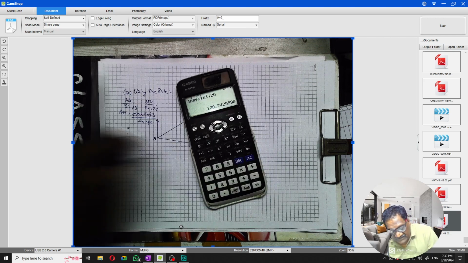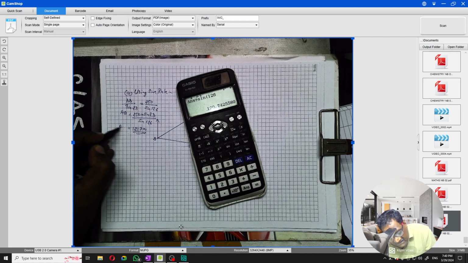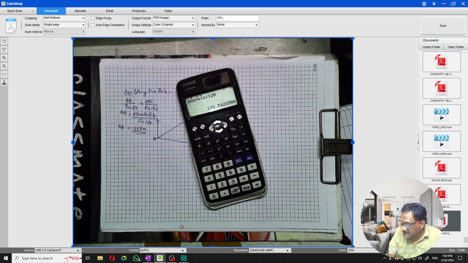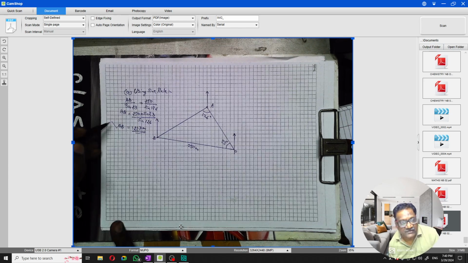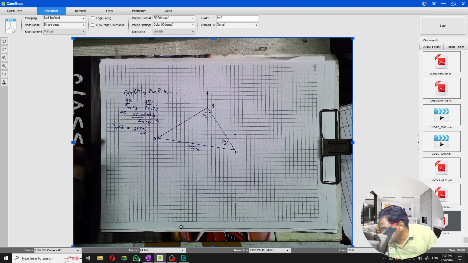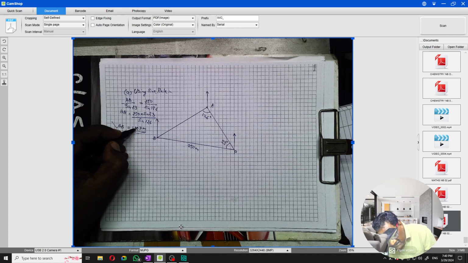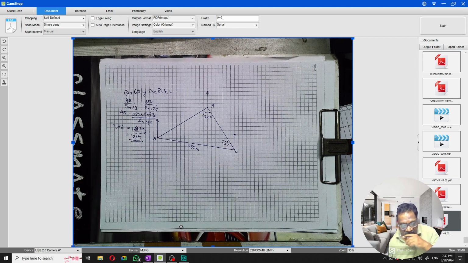So I can write the answer as 120.7 meters. This is my AB length, or you can say the distance AB. So the first part, the A part of the question, you have got the answer: AB is equal to 120.7 meters, and this can be written as 121 meters.